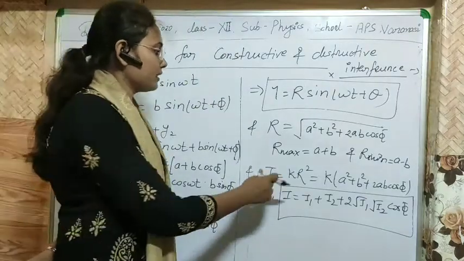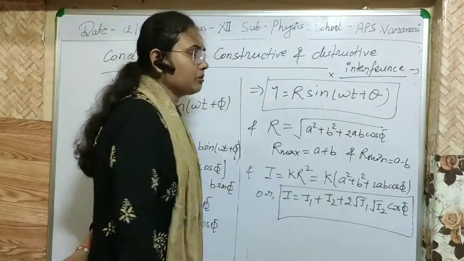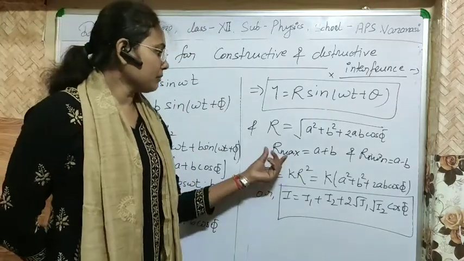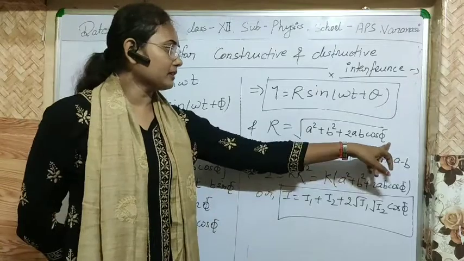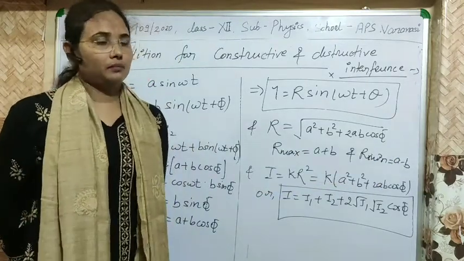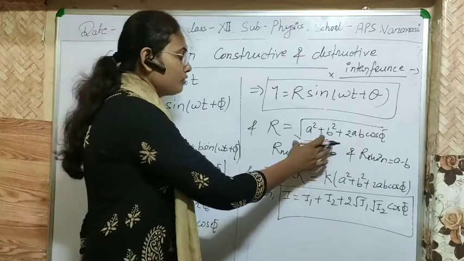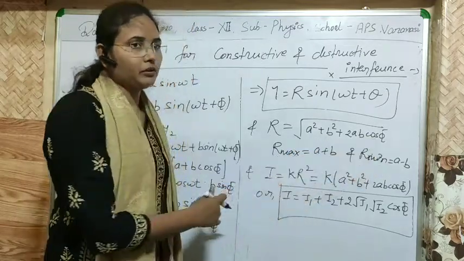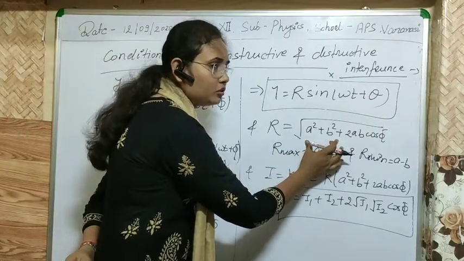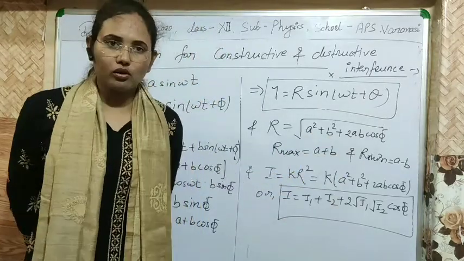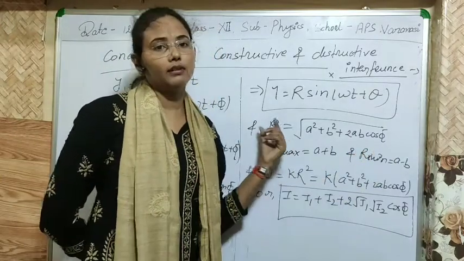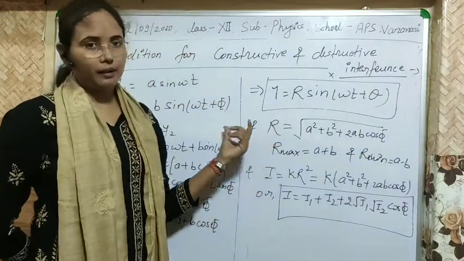Now from this equation, we can determine the maximum and minimum amplitude of light. What will be the maximum amplitude? It depends on the factor phi, the phase difference of the light waves. Since a and b are the amplitudes of the individual light waves and are constant, if there is a change in phi, there will be a change in the resultant amplitude.